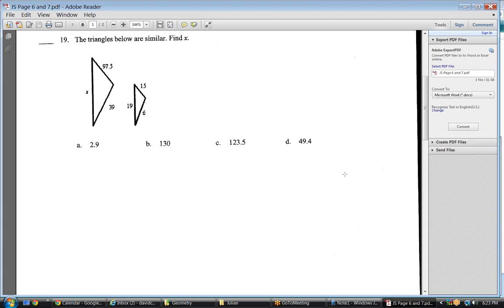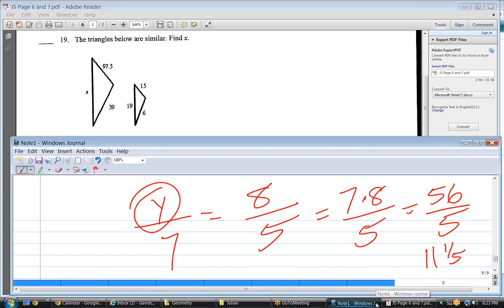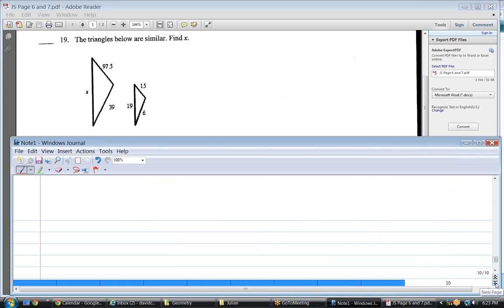You could have taken 97.5 divided by 15, or you could take 39 divided by 6. Which one's the easier ratio to deal with? 39 divided by 6. That's the one you want to do then.